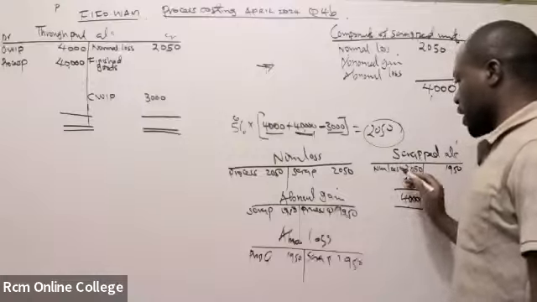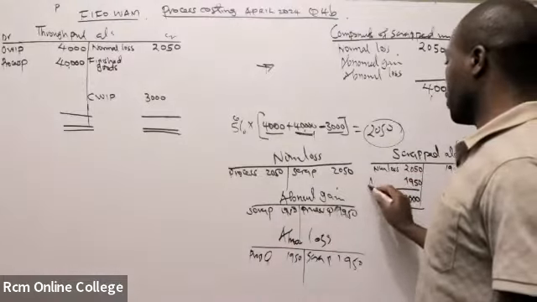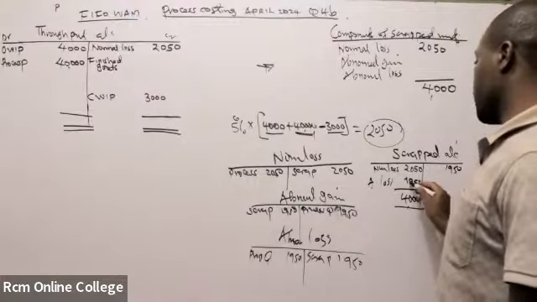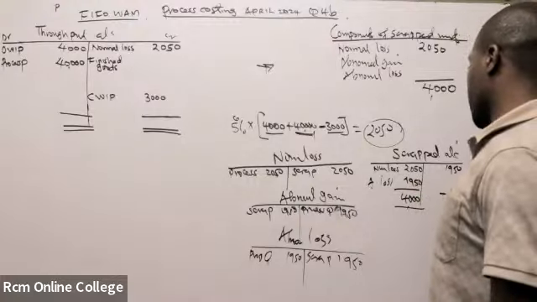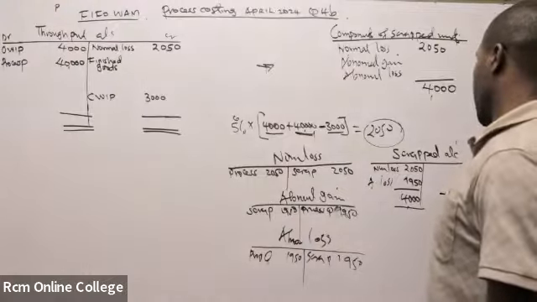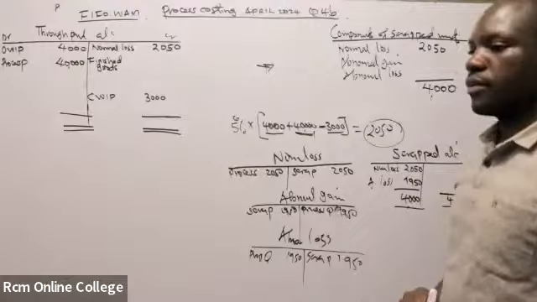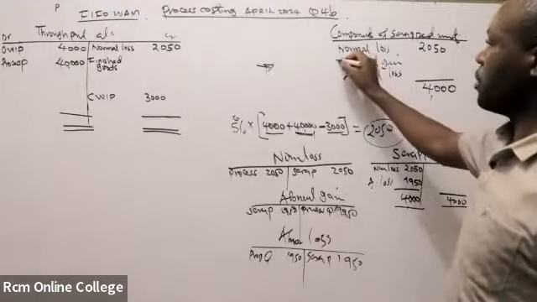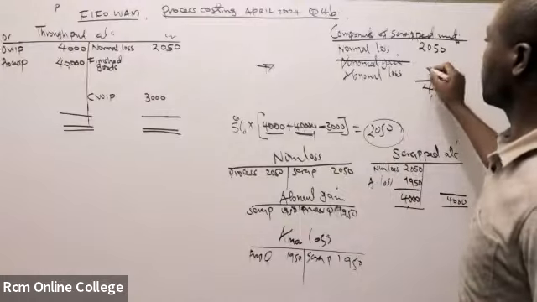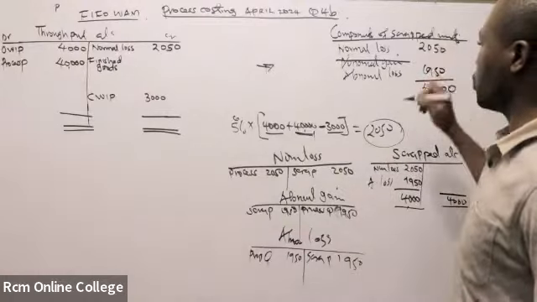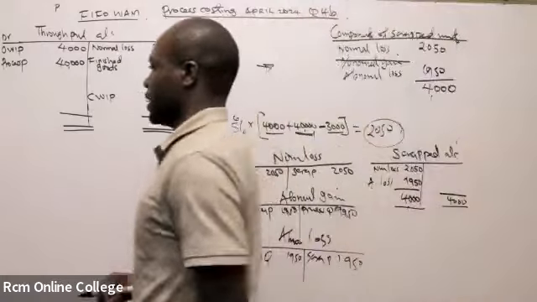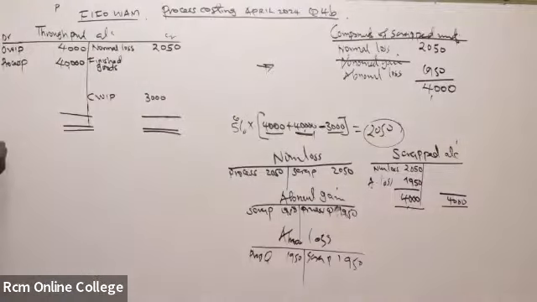So when I come to the scrap account, I'm going to debit abnormal loss 1950, and you can see where we need it. So this one here is not abnormal gain, but is abnormal loss of 1950. When you add the two, you are getting 4,000. So that's how we identify what was missing.